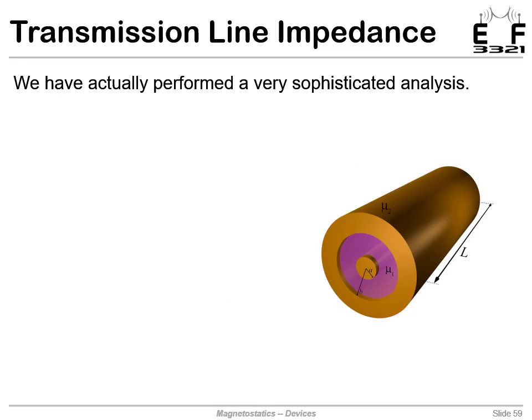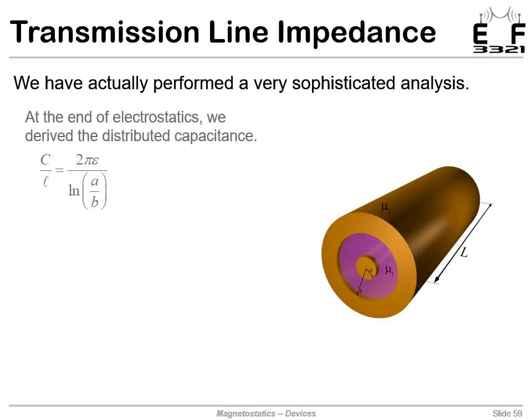So it turns out, if you take what we did in electrostatics when we derived the distributed capacitance, and you take what we've just done by deriving the distributed inductance, we've actually done a rather sophisticated analysis of a coaxial line. So if you'll recall from electrostatics, we derived that distributed capacitance.